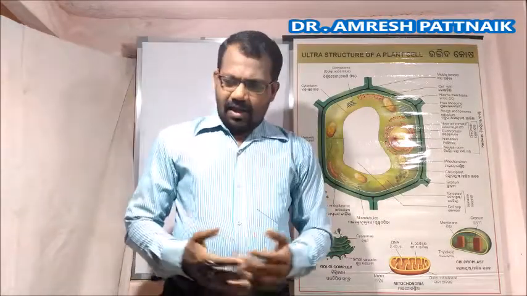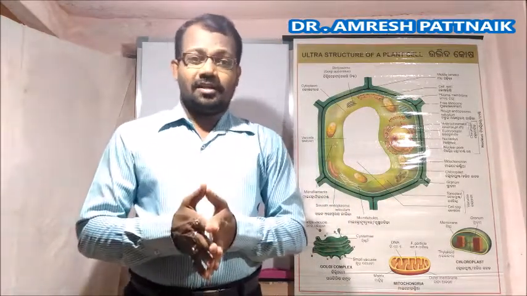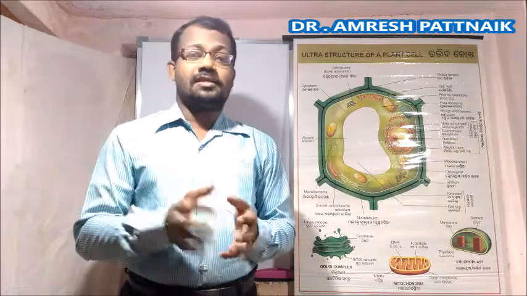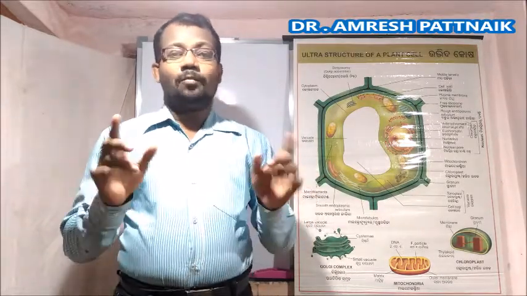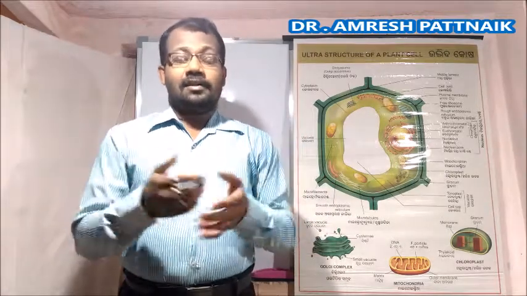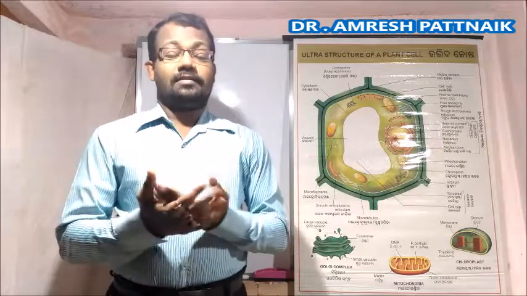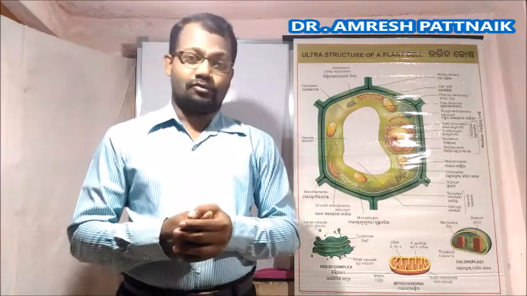As we know earlier what a cell is, Robert Hooke is the scientist who first discovered the dead cell from the bark of a tree, and he wrote a book known as Micrographia. He discovered a microscope, named the phase contrast microscope.